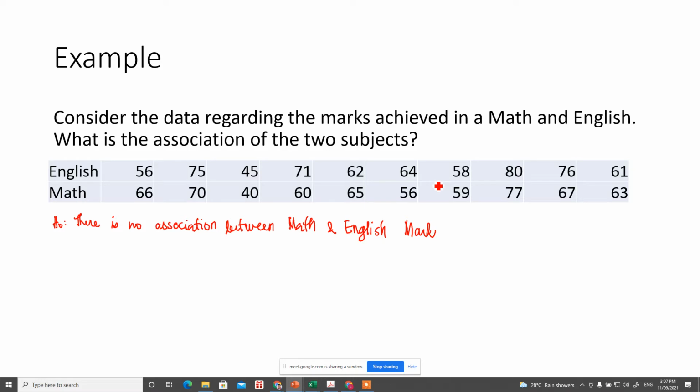Now in this case, before we can move to the computation, we are going to rank the English and the math marks. Let's move to Excel.